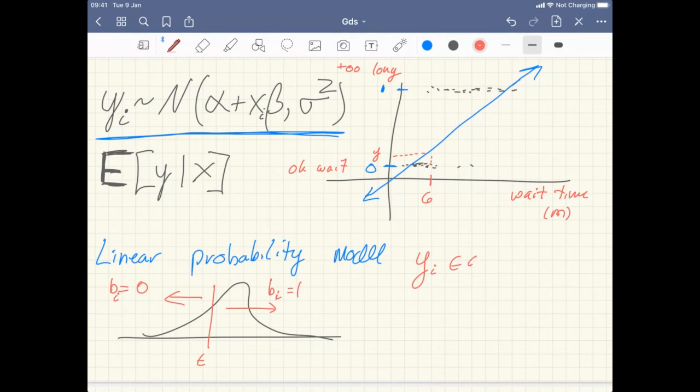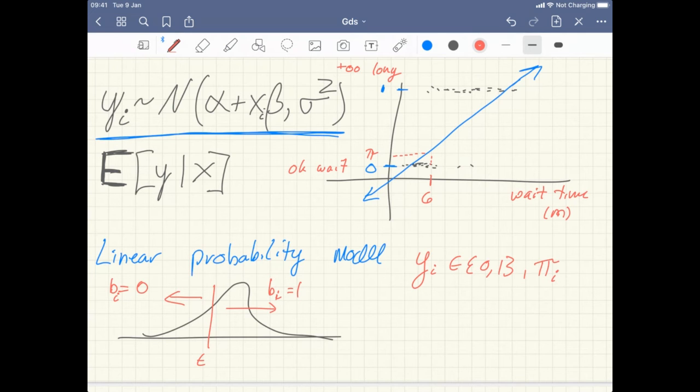So y is 0 and 1 with probability pi. So in this representation on our plot, instead of y, we'll say pi. Okay, so y is our binary, and pi is the probability that y is 0 or 1.